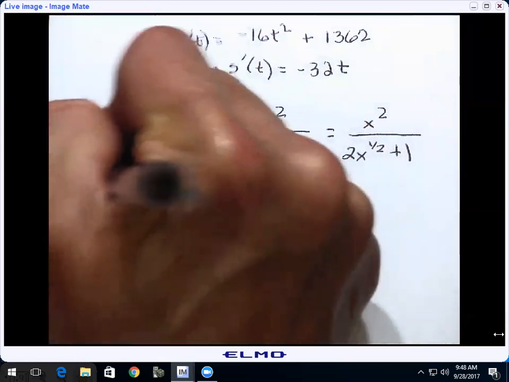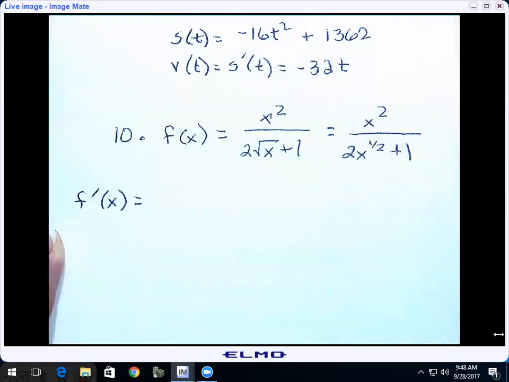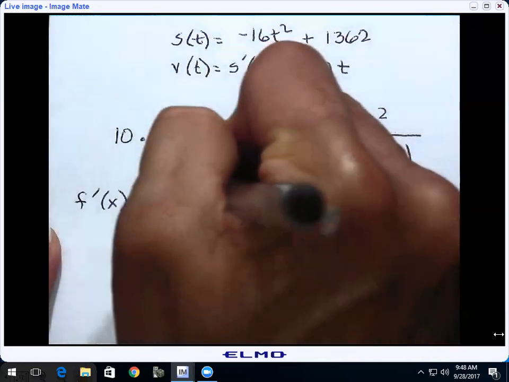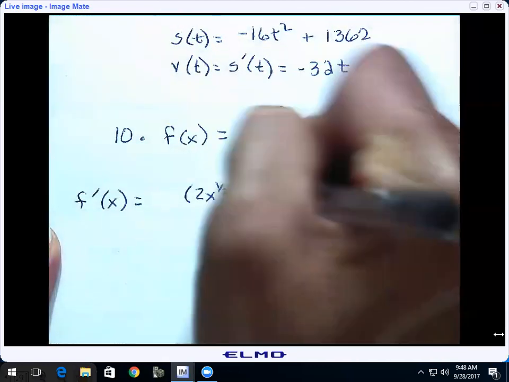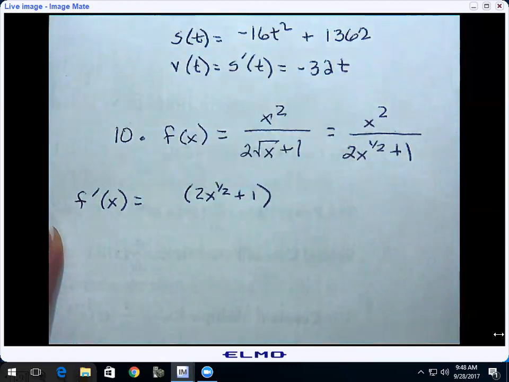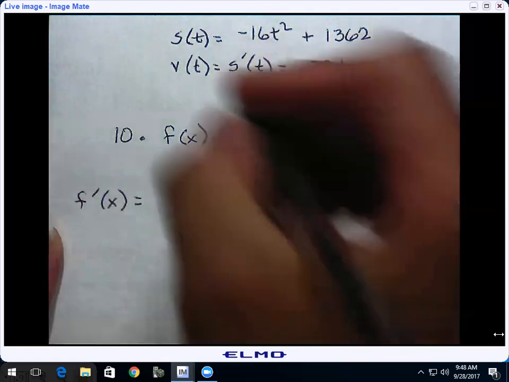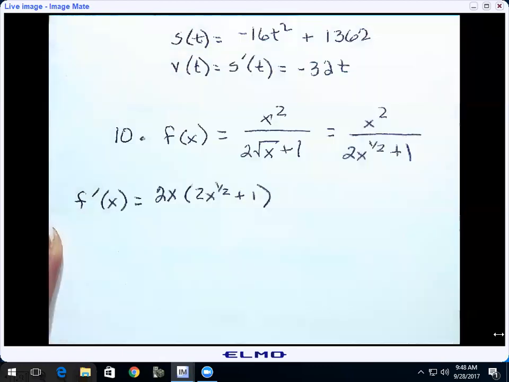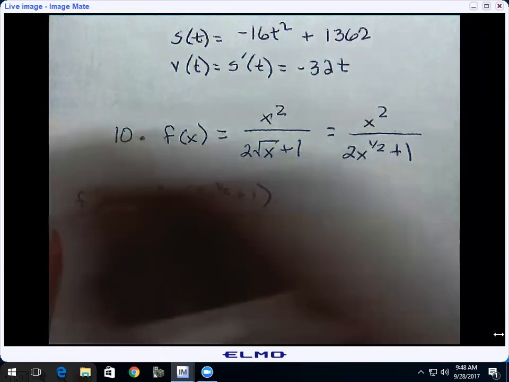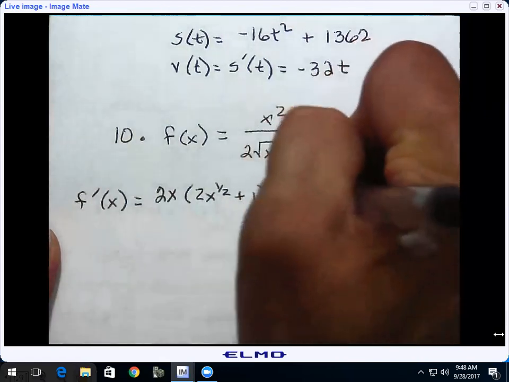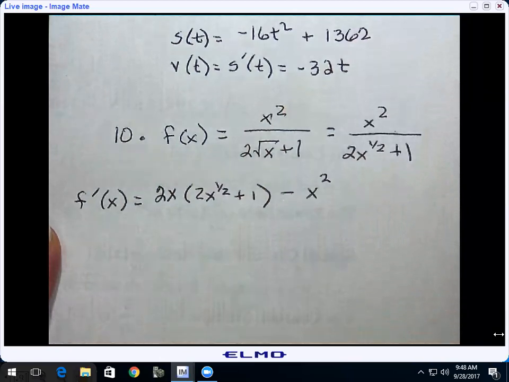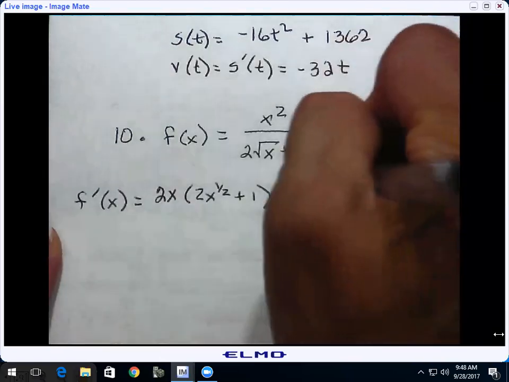All right, that was just rewriting the function. Here comes the derivative. What does it begin with? Denominator. Then what? Derivative of the numerator. Then what? Minus the numerator. Then what? Derivative of the denominator.